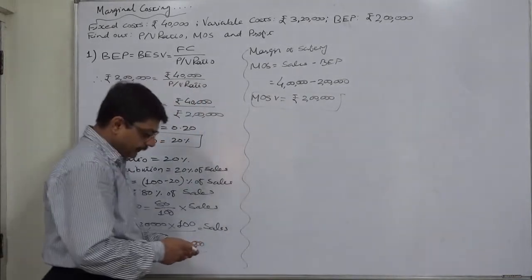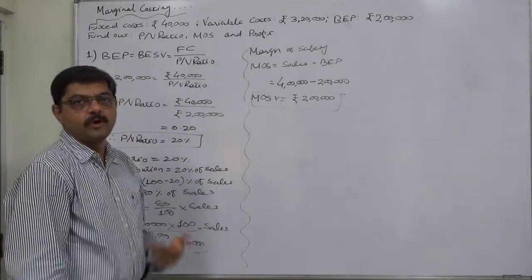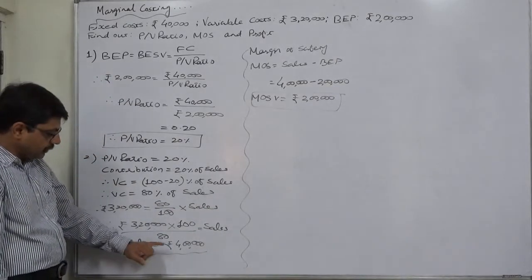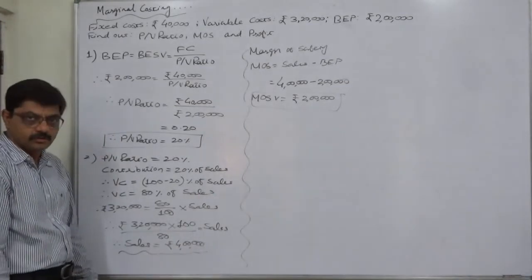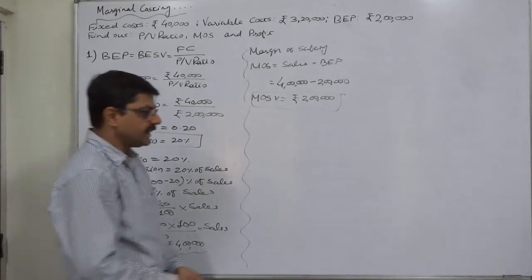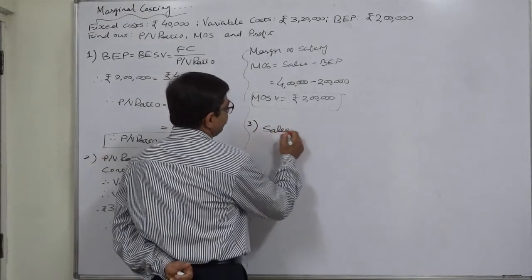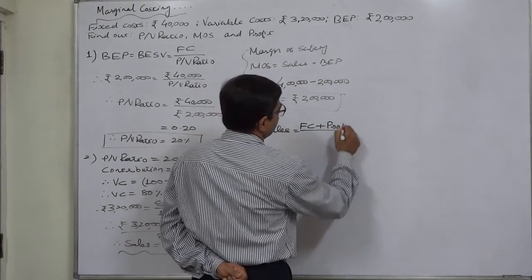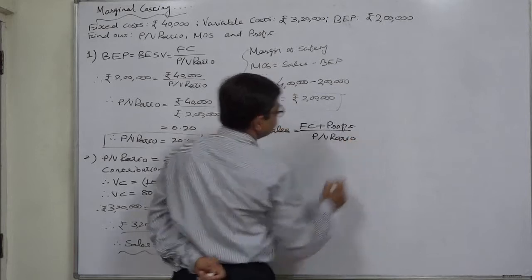First of all, to calculate profit, we know that we can use the formula of sales. In the formula of sales, if we substitute sales, fixed cost and PV ratio, or sales quantity, fixed cost and contribution per unit, with the missing item, we can find the profit. So let us take the formula of sales: fixed cost plus profit divided by PV ratio, because we have sales value only.